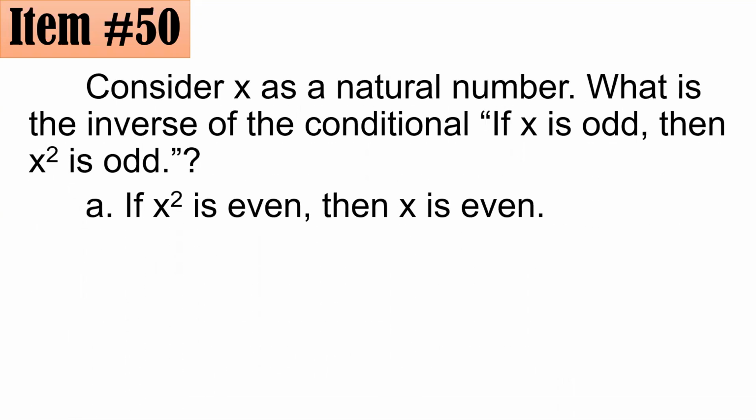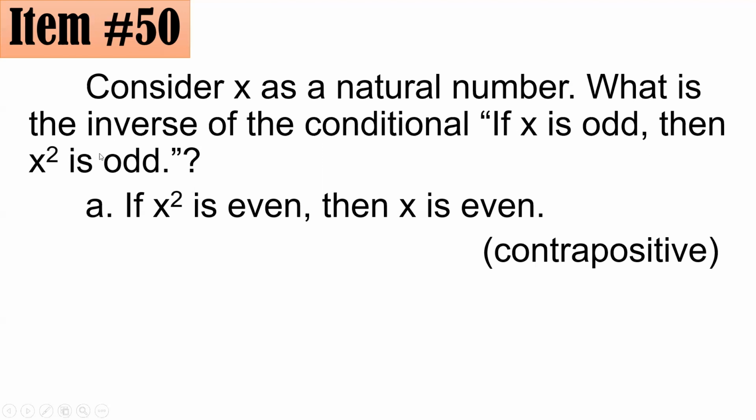Kapag sinabi po nating inverse, yung premise, papaliktarin po natin, yung conclusion, babaliktarin din po natin. Kukunin po natin yung negation ng premise, then followed by the negation of your conclusion. So if x squared is even, then x is even, contrapositive po ito. Kapag sinabi po natin contrapositive, binaliktad nyo po yung posisyon nila, yung premise magiging conclusion, at saka bawat statement ay ninegate nyo.